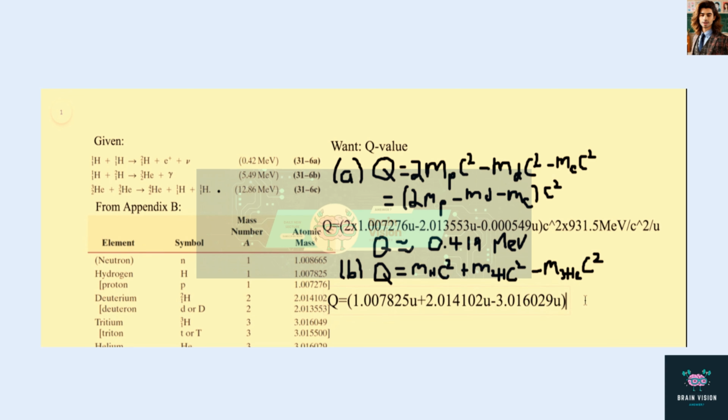We'll multiply all of this by c squared, and again by our conversion factor to get mega electron volts. And again, we can put this into a calculator and obtain a Q similar to 5.49, or essentially 5.49.